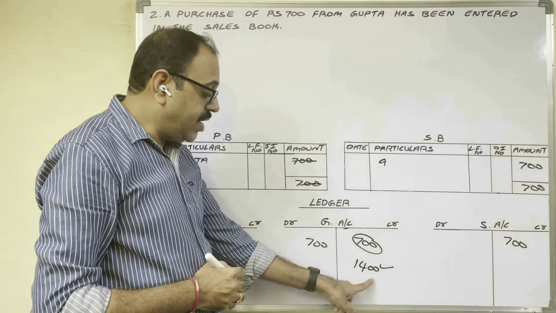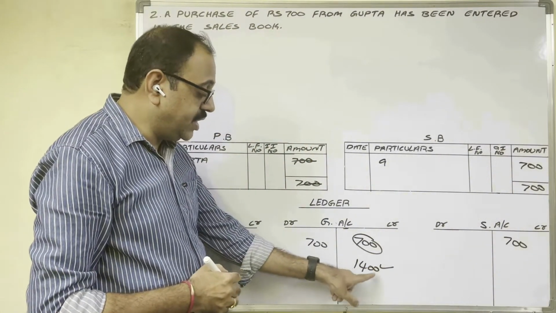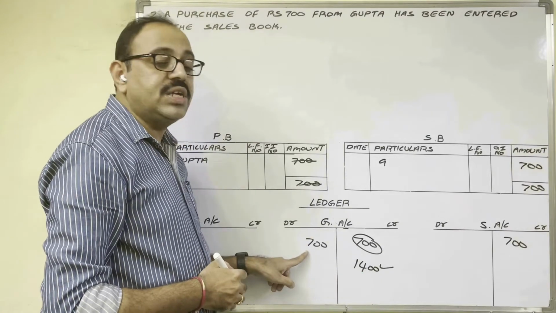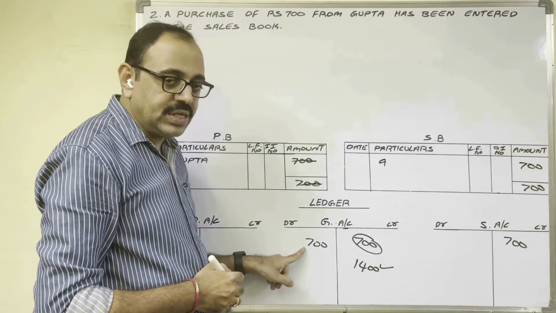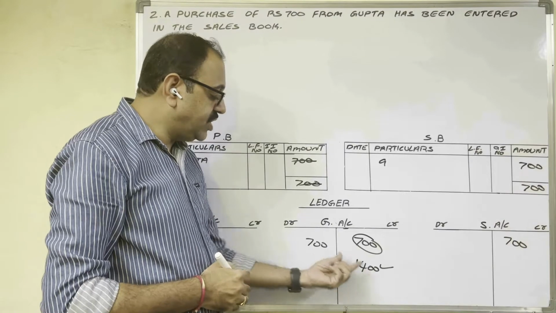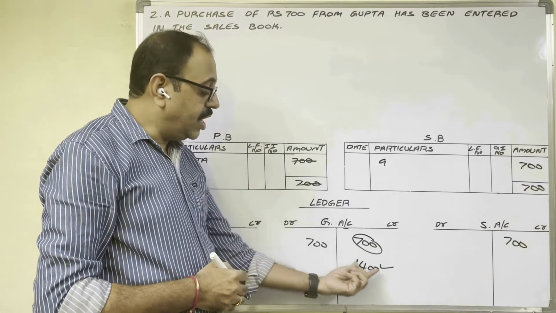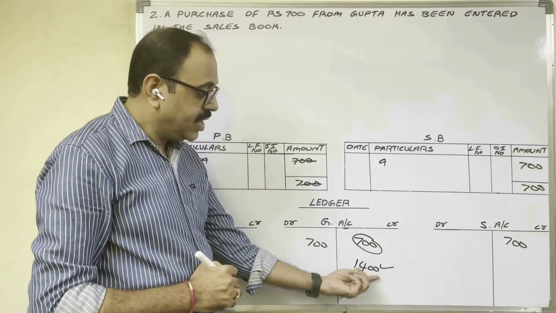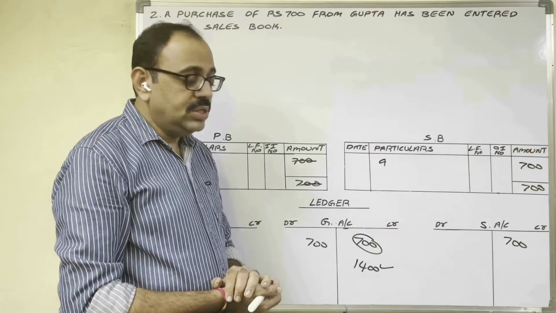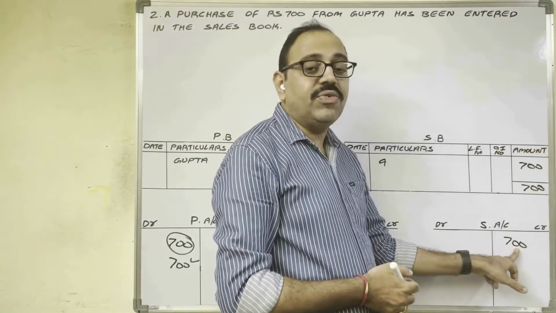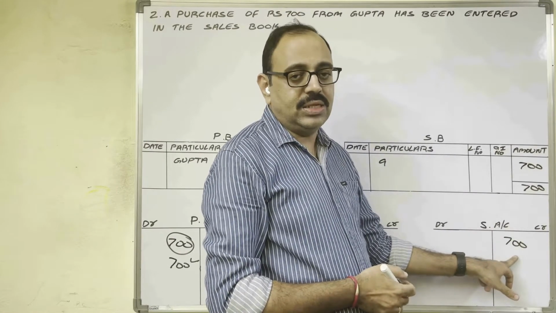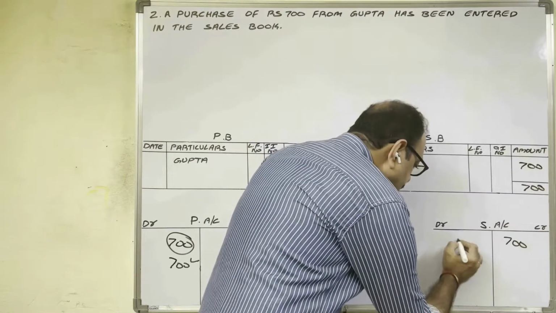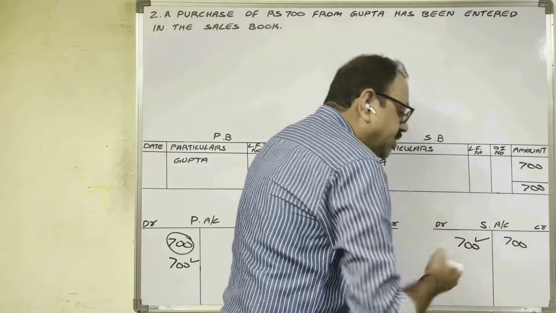In this 1400, 700 and 700 both will get cancelled. In 1400, if 700 is cancelled, the remaining amount on the credit side is 700. We need that only. And in the sales account, wrongly they have credited 700. Now we should cancel this. For that, debit 700 rupees.